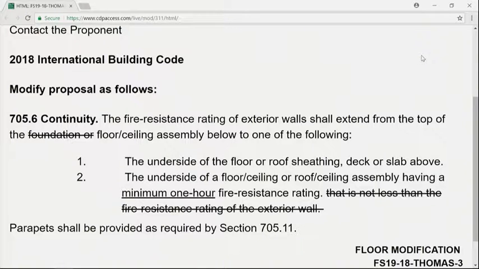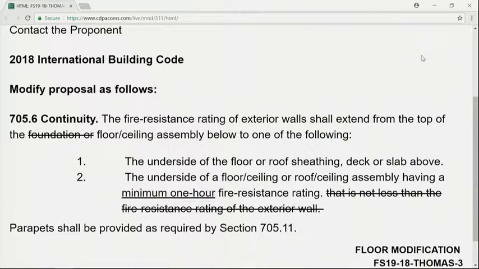Further testimony in support of the modification? Dave Collins, American Institute of Architects. I'm from Cincinnati. We have hills, and I thought Colorado did too. So I was a little surprised, because the foundation in Cincinnati could be 12, 15 feet high, as much as an exterior wall would be.